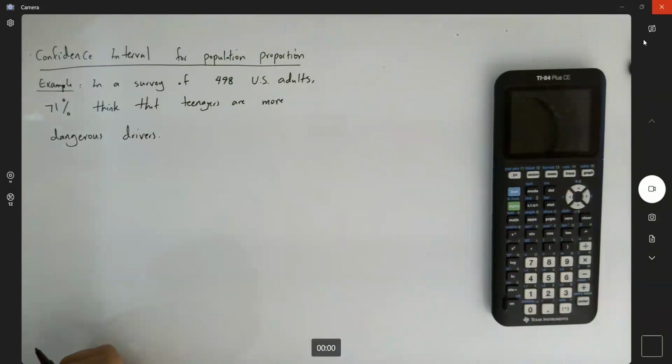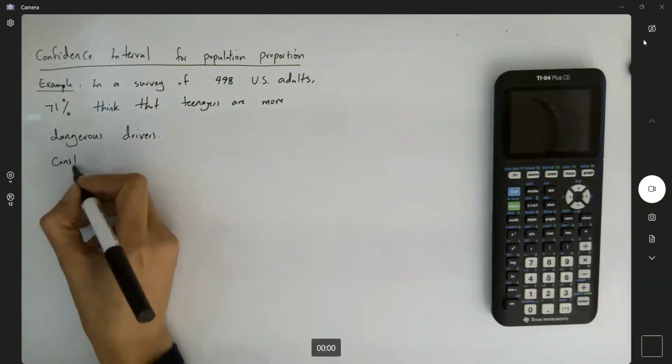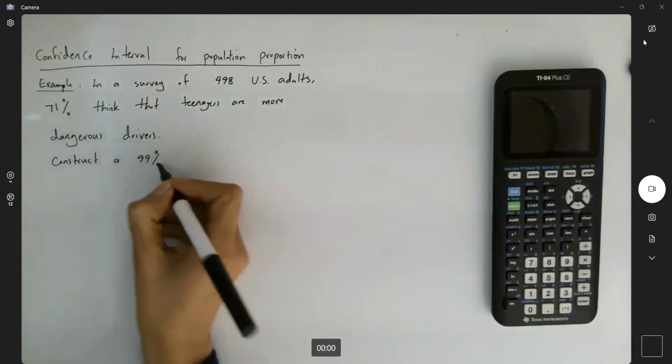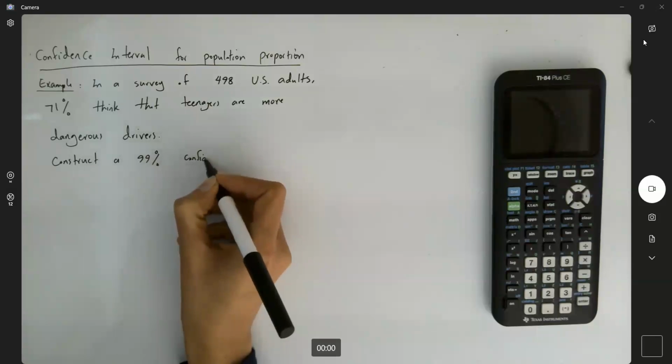The question says, with the following information, construct a 99% confidence interval.